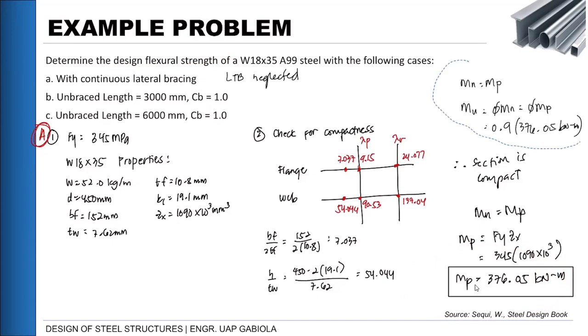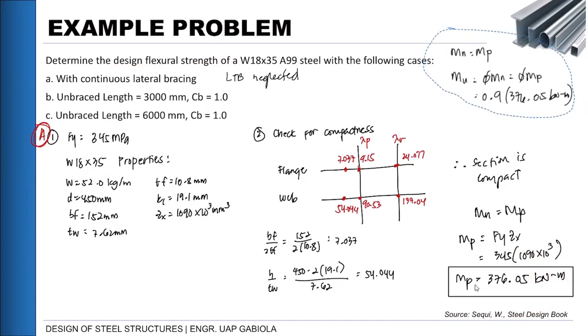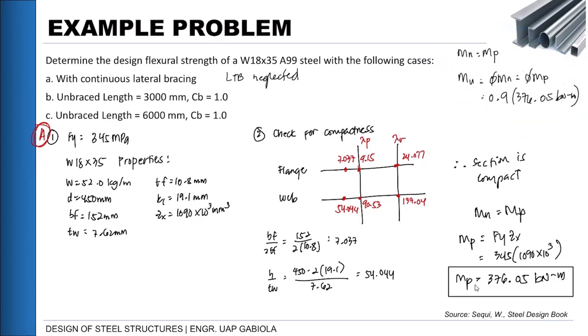So the actual answer for this problem is Mu equals 376.05 times 0.9, that is 338.445 kilonewton meter. So this will be our final answer.